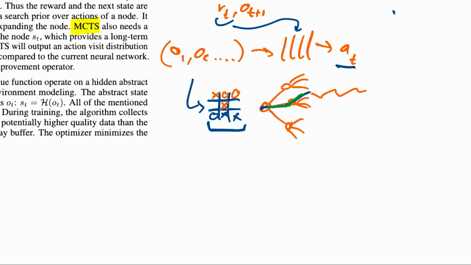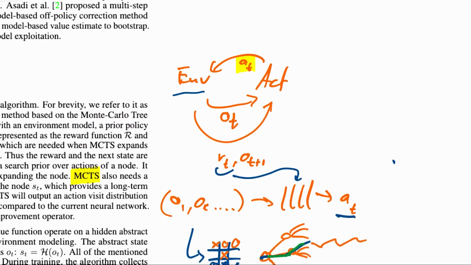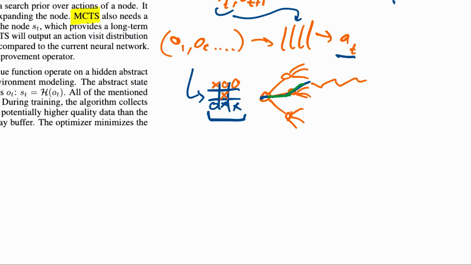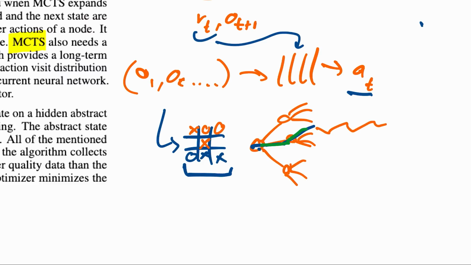This doesn't happen when you're interacting with any sort of real world thing, or even the Atari benchmark. In Atari, I know there's hacks where you can save the ROM and so on, but essentially you're not supposed to go back in time or go forward in time. You're not supposed to be able to try something out and then say, well, no, that didn't work, I'm going to search for a different path in the tree instead.